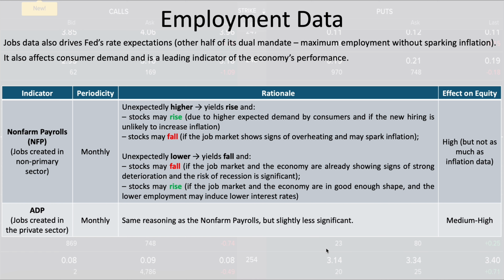Also, because the employment data affects consumer demand: the more people employed, the more paychecks are being paid to consumers, and so they have more disposable income to spend on goods and services.